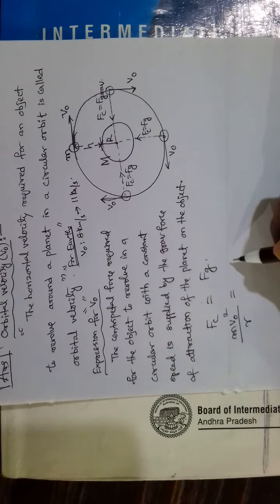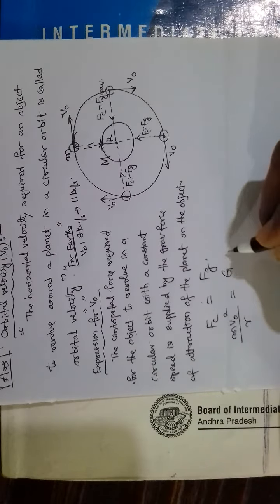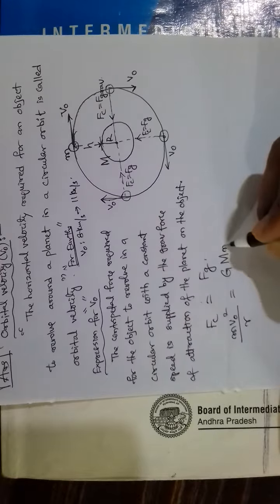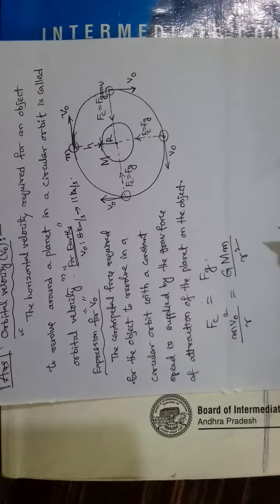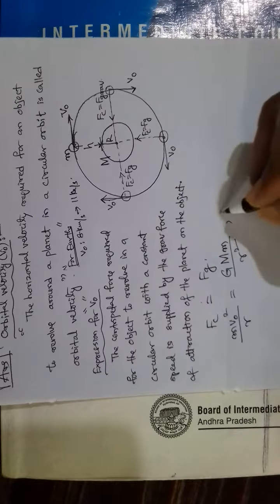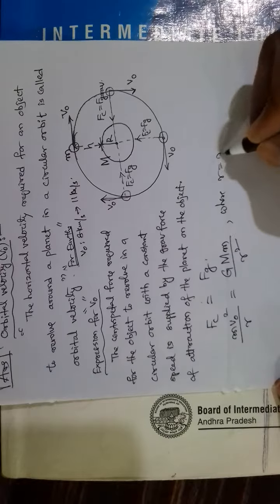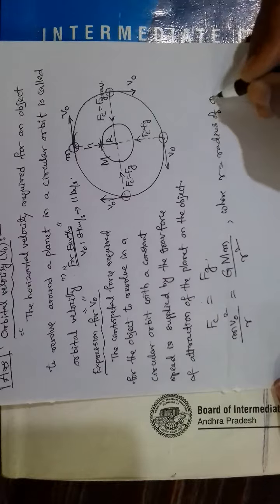According to the universal law of gravitation, the gravitational force is given by G, mass of Earth into mass of the object, divided by r square, where r is the radius of the orbit.